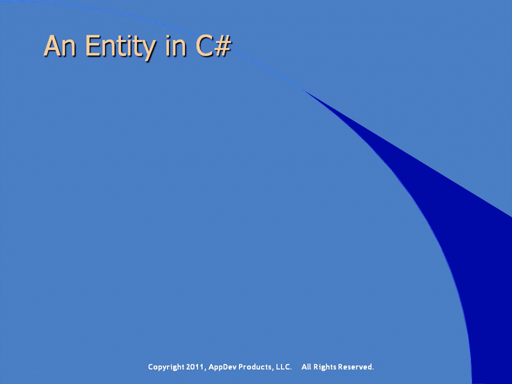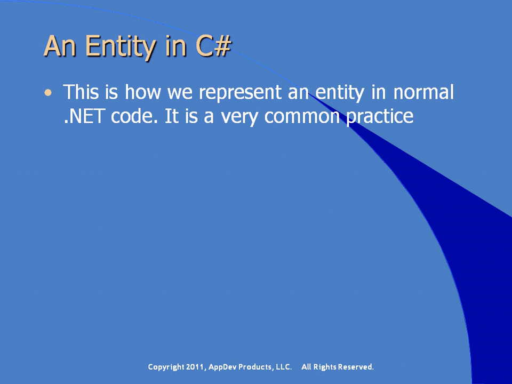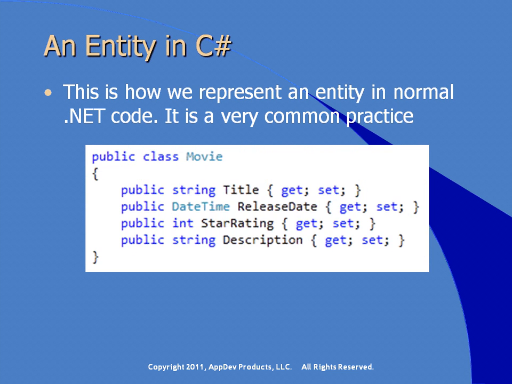And the Windows Azure API actually allows you to work with tables in the same manner. So this is how we would represent an entity in normal .NET code. It is very commonplace. Basically, we define a class, and within that class, we define properties. So the class would equal our table, and the properties would equal the entities within that table.